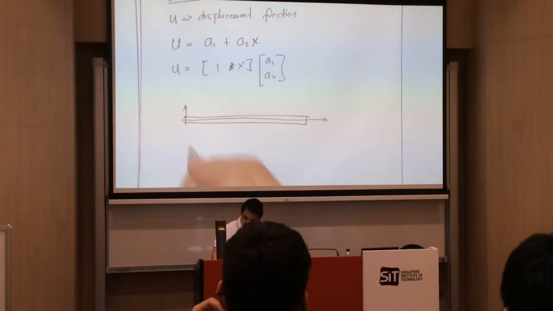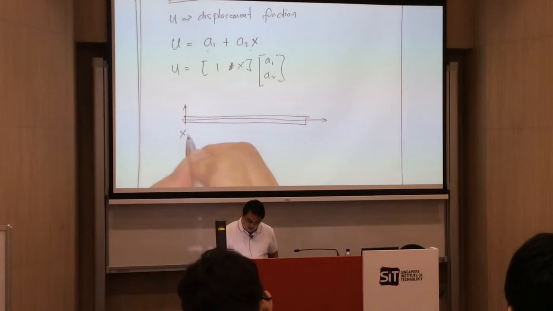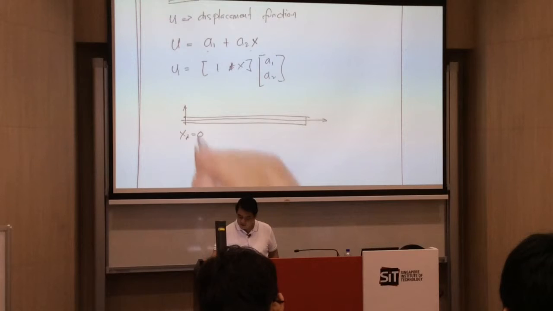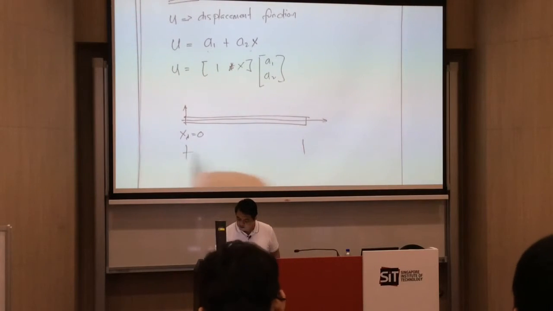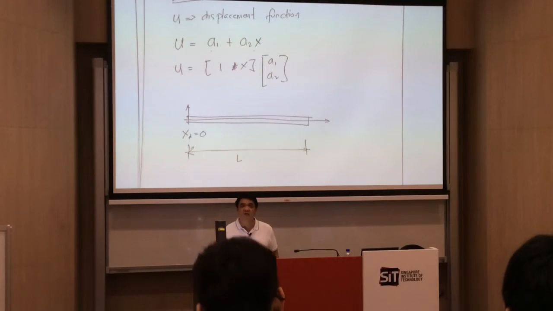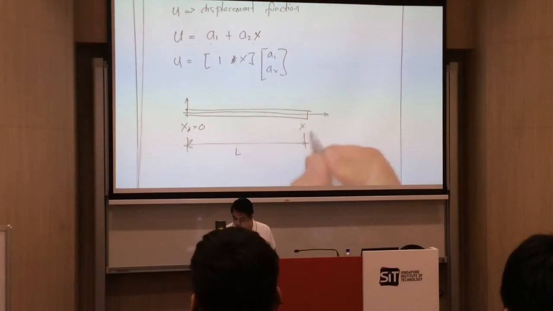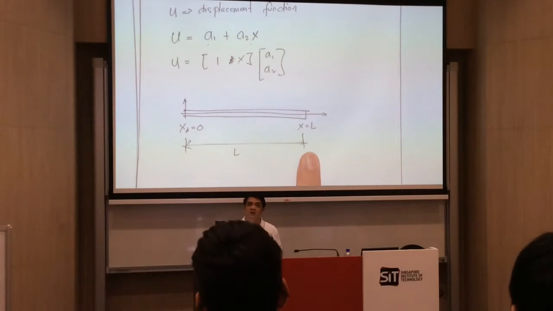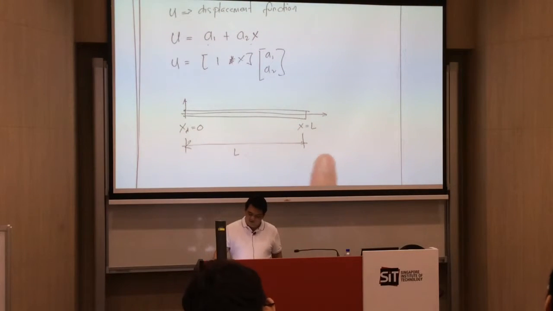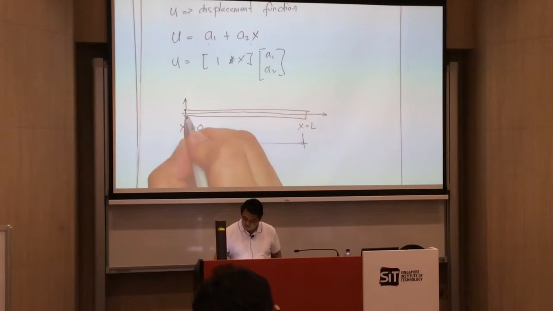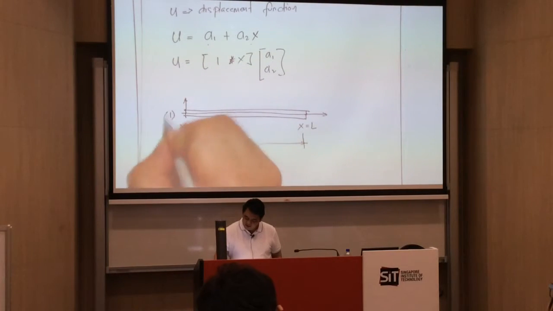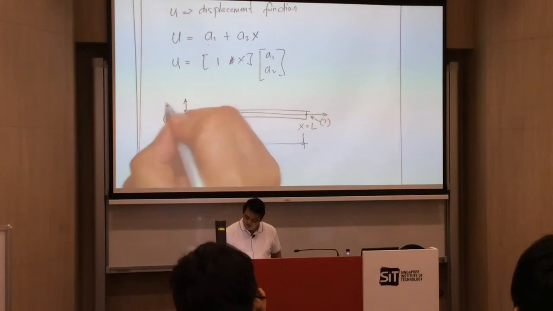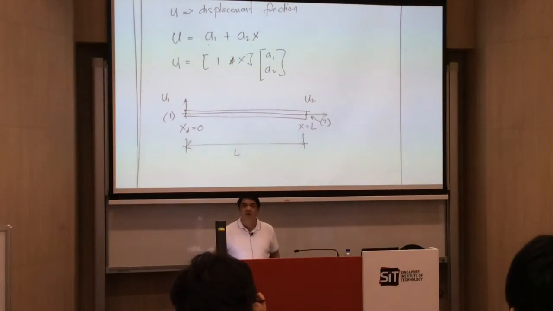We have x equal to 0, and then you have x equal to L, assuming L is the length of the bar. So this one is from 0 to L. And of course, let's have node 1 and node 2, so you will have a U1 and U2.